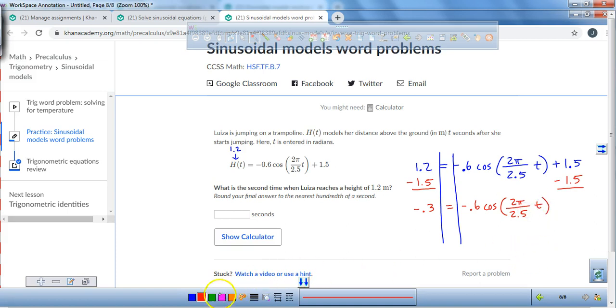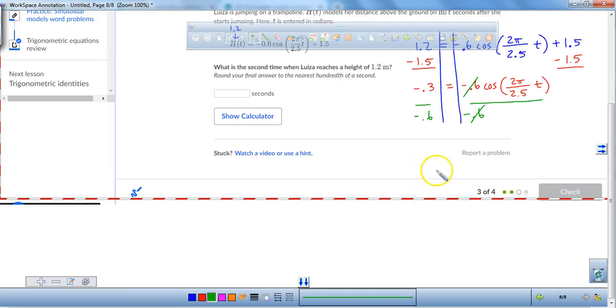Alright, so this will be a pretty easy one to have a nice, neat little fraction to work with when we divide both sides by negative 6/10. Those will cancel out. This will become a 1/2. Nice. So basically, here's what we have left. All right, we've got a cosine of this fraction.